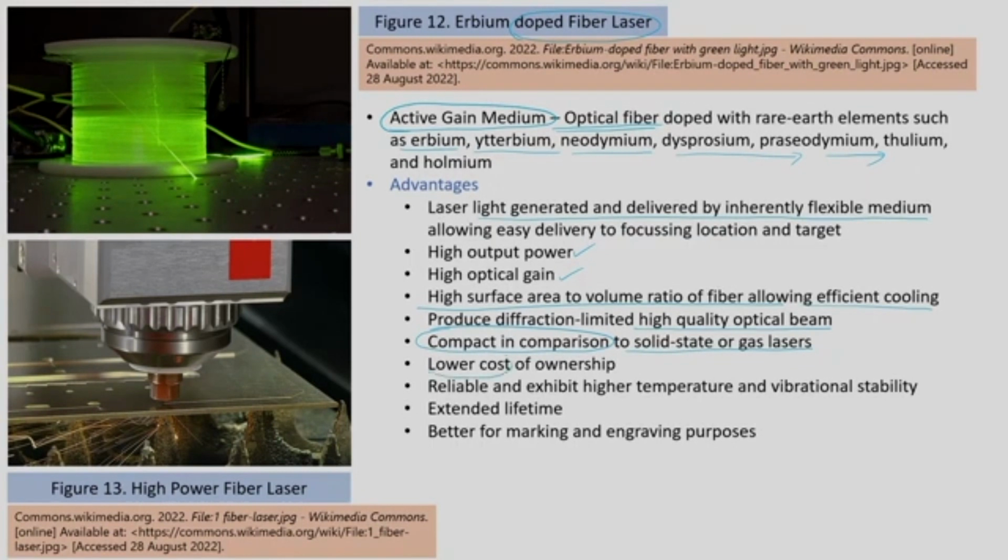That is why the cost of these machines is comparatively low, and they exhibit very good temperature and vibrational stability during operation. Therefore, their lifetime is also extended and they can serve us for a longer period of time. These fiber lasers are not only used for welding, they are also used for marking operations as well as engraving purposes.